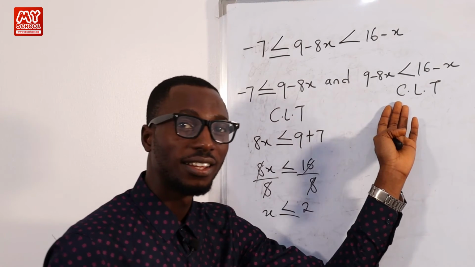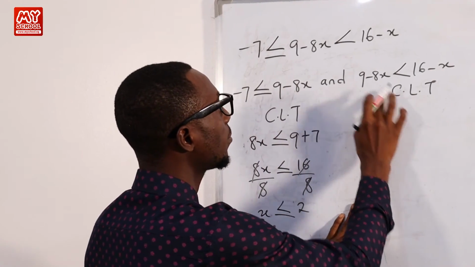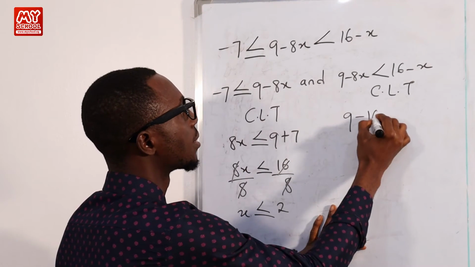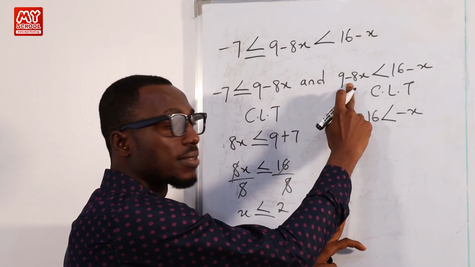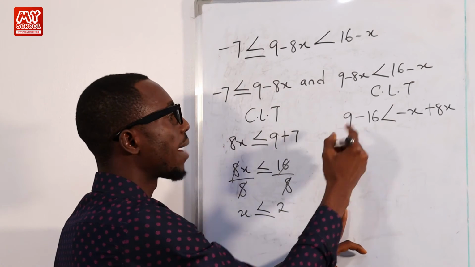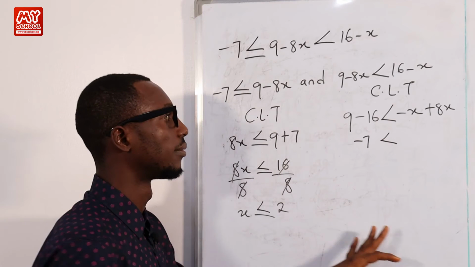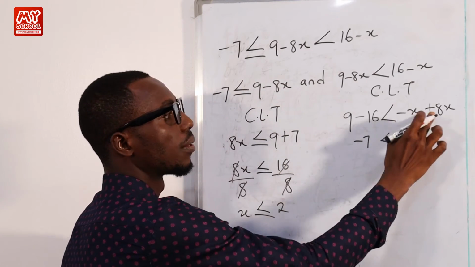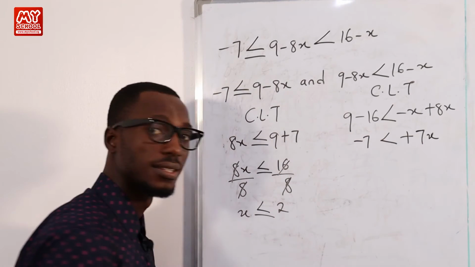Then for the other inequality, when we collect like terms, we have 9 minus 16 is less than minus x. The negative sign becomes positive, plus 8x. 9 minus 16, we have minus 7 is less than minus x plus 8x. That gives us a positive 7x.